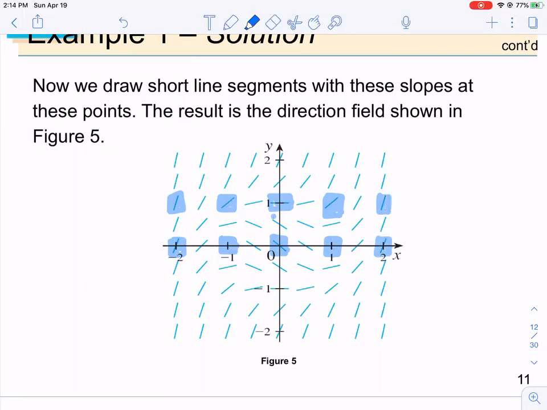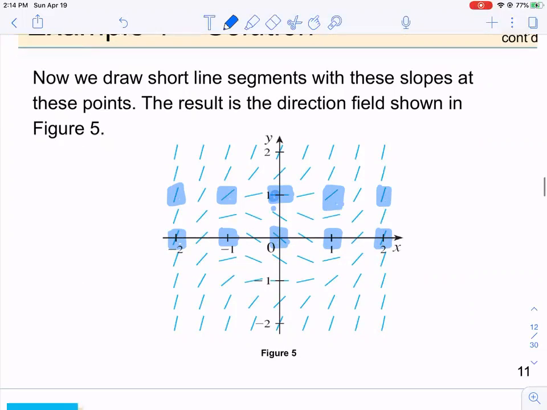Okay, so we had all those ones drawn, and then we could fill in the rest.